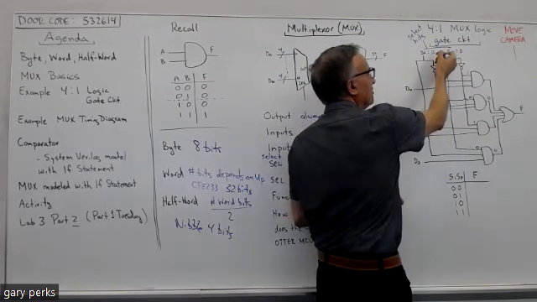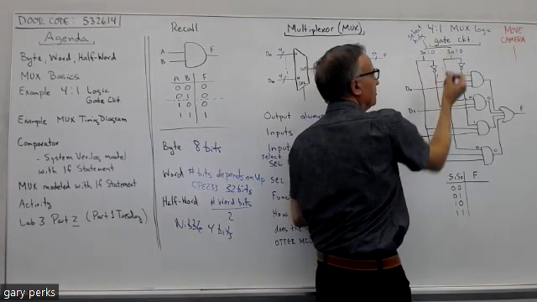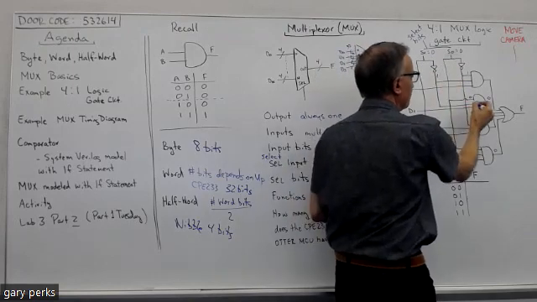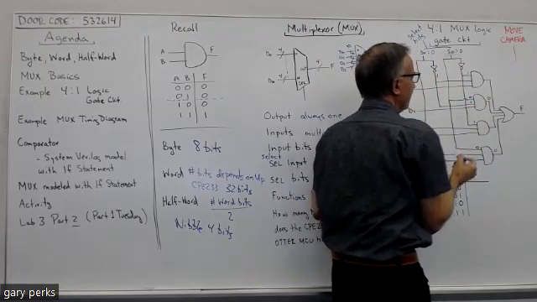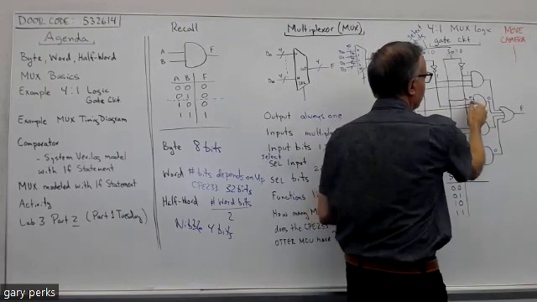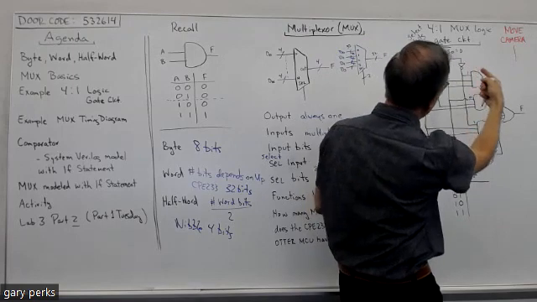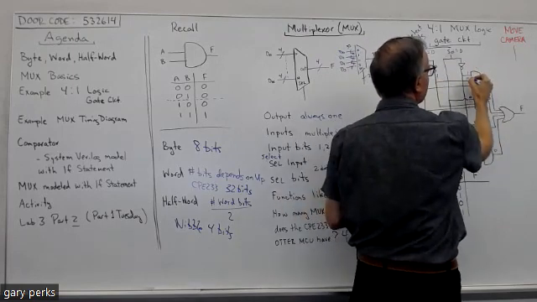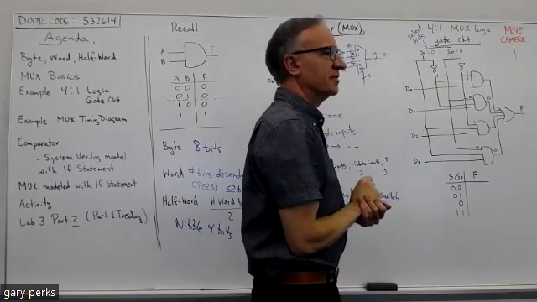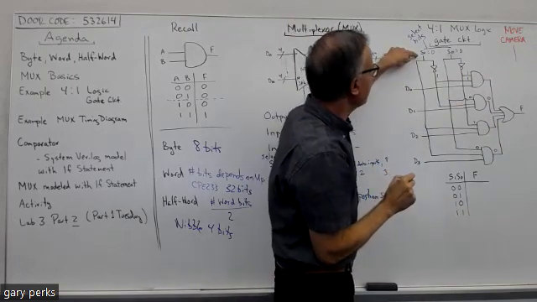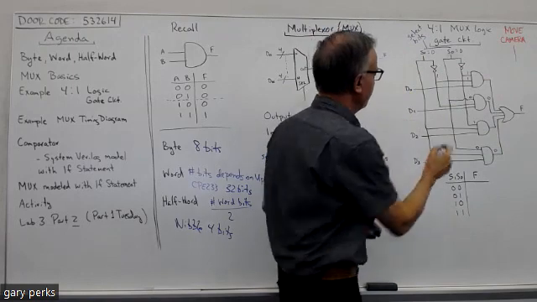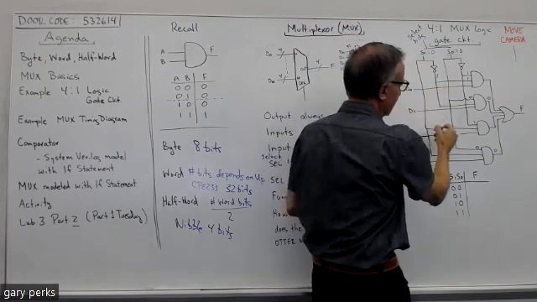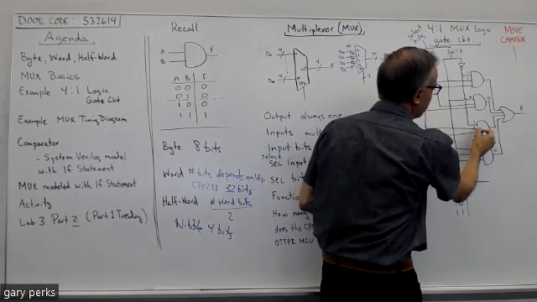That makes sense? Okay, so now let's look at S1. You can see here, S1 is 0, so it's going to change it to a 1 here. And then we're going to have a 1 here. Oh, but we don't care about that. We already know that's a 0. So actually, yeah, it puts a 1 here. And then let's look at this side. This side is a 0, and it puts a 0 here.